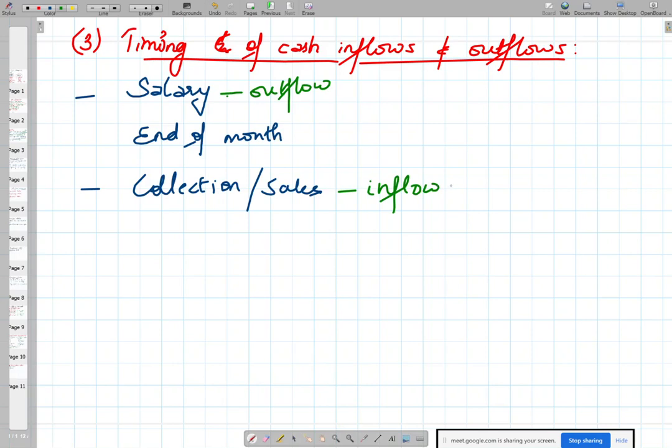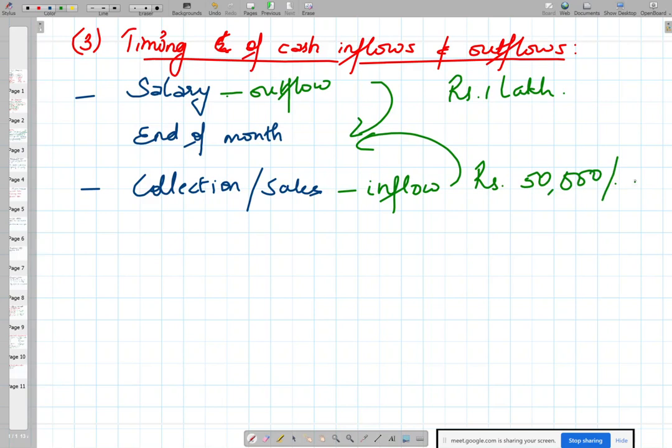If the inflow and outflow gap is very large, say you have to pay at least 1 lakh worth of salaries every single month, but the sale you make that month is only 50,000, what do you need to do? You have to have a good cash balance.